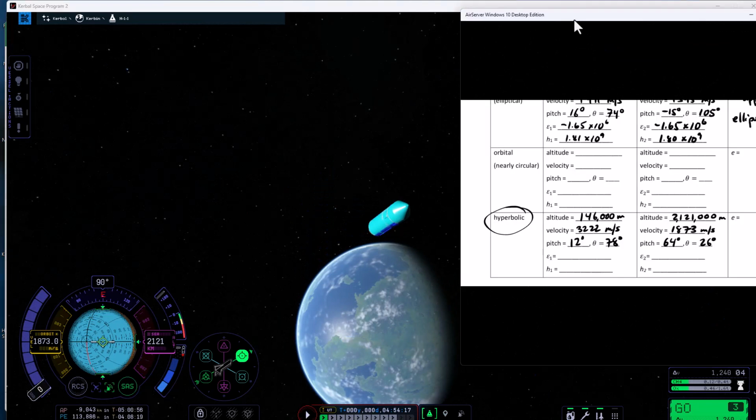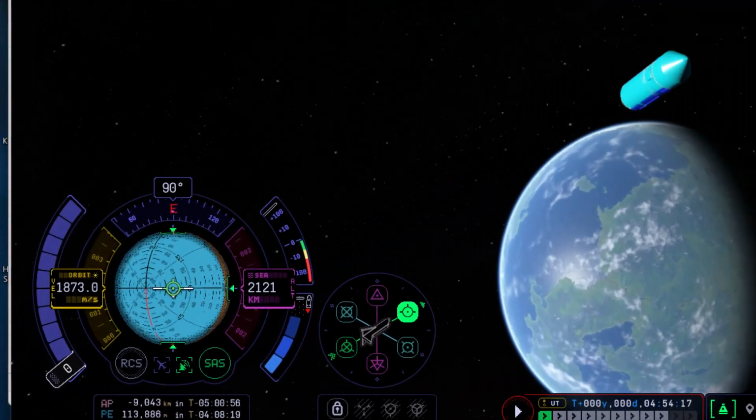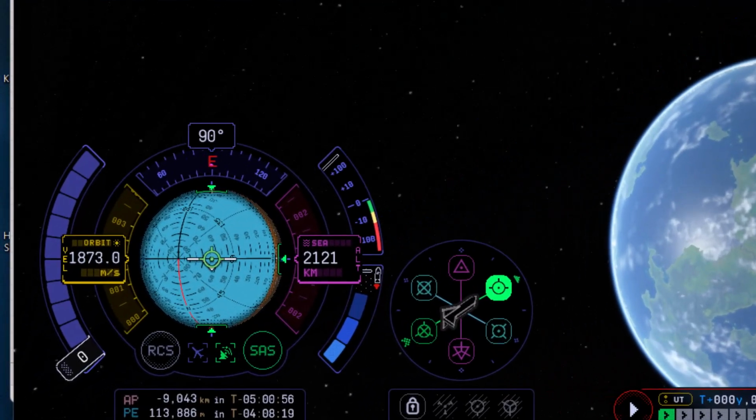Point 2, altitude 2,121 kilometers, velocity 1873 meters per second, pitch about 64 degrees, theta 26 degrees.